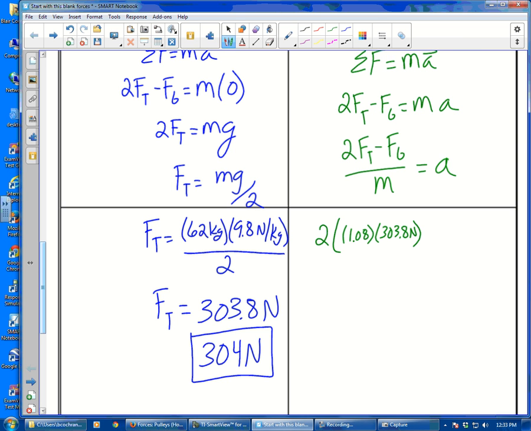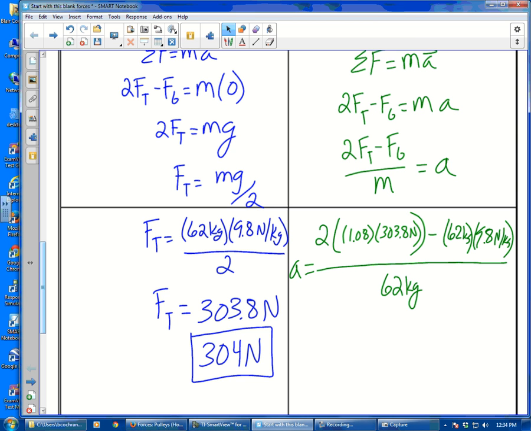They told me my force increases by 8%. The way I increase something by 8% is I multiply it by 1.08. Minus mg. My m, I think, is 62. 9.8 newtons per kilogram. All over 62. This all equals a. Yeah, and then I just plug, and I would just chug away.